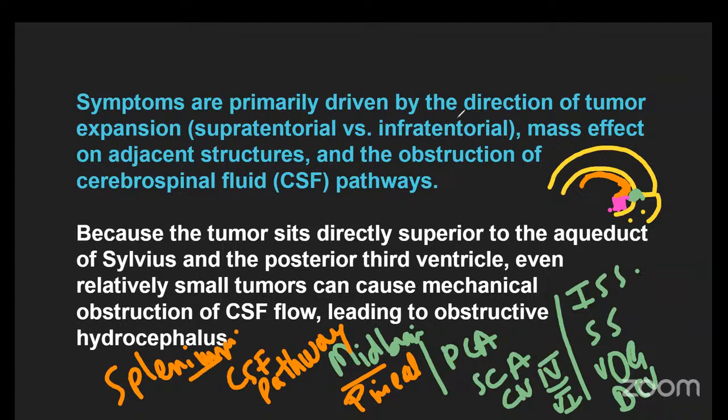So now we have the splenium, the CSF pathway, the midbrain, the pineal gland, PCA, superior cerebellar artery, the fourth nerve, sometimes the sixth nerve, and all these major vessels. If the lesion is going slightly posteriorly, it can also involve the transverse sinus, or it can also involve the torcula. Are we all on the same page regarding this?